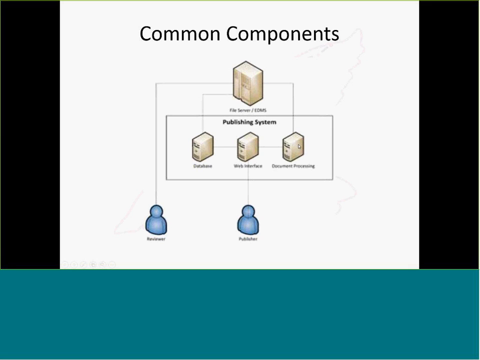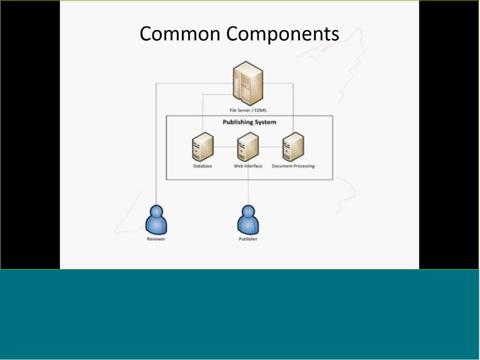Then oftentimes, there is a document processing server. Manipulating PDF documents is very compute-intensive. The systems will often pass that off onto dedicated hardware, so it doesn't tie up the server when you're pushing a large system.